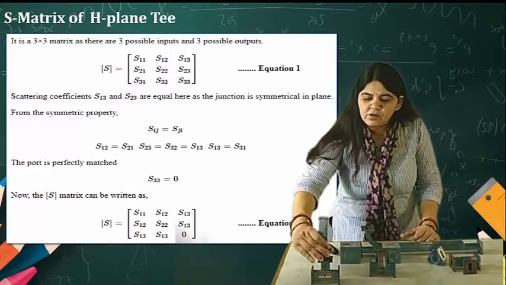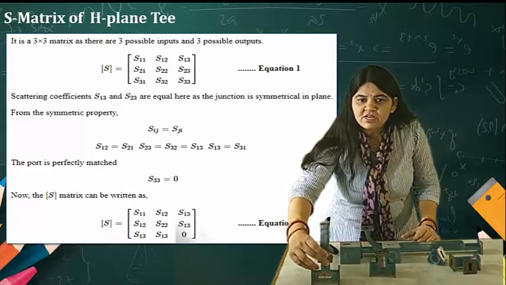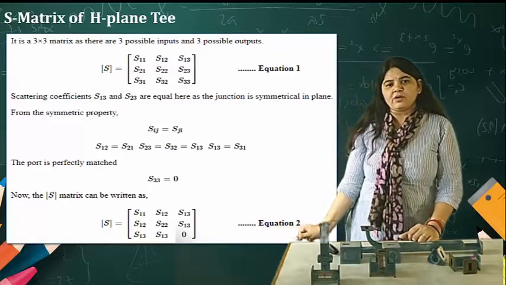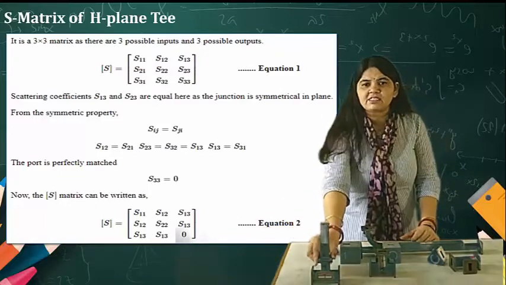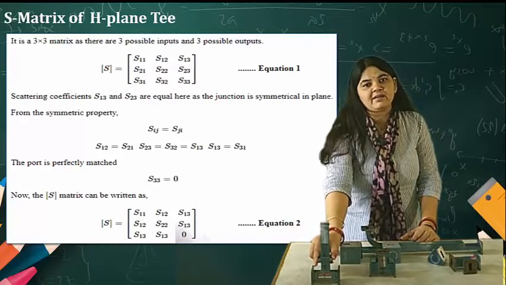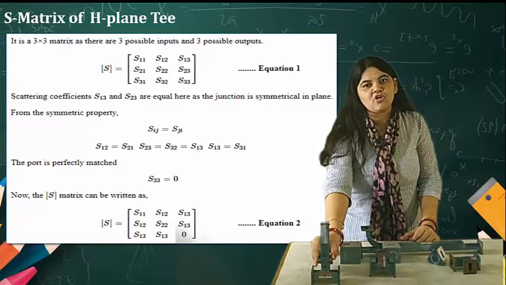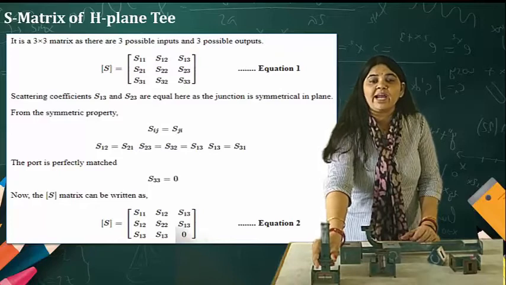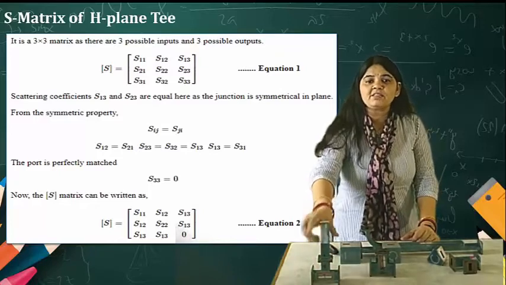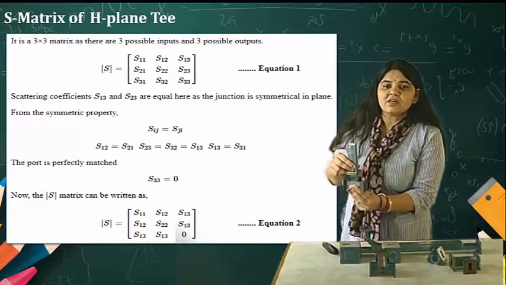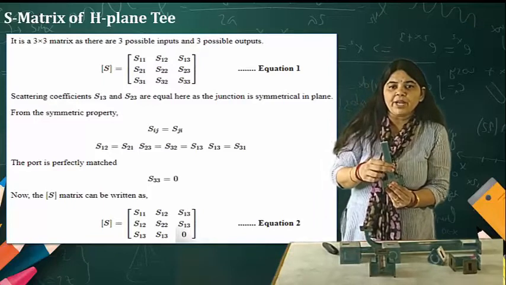If I match this with the perfect load, then if you are applying any input and there is no output through that terminal, it means your port is perfectly matched with the particular component.